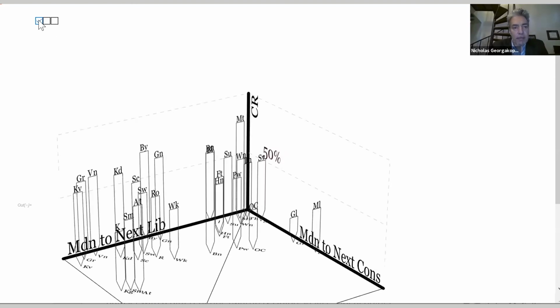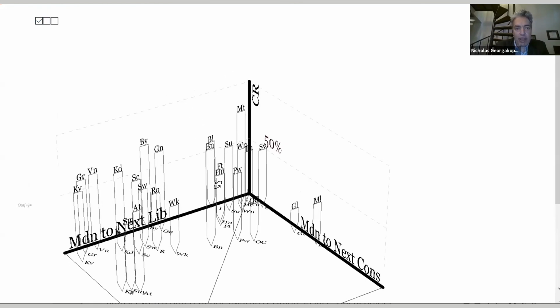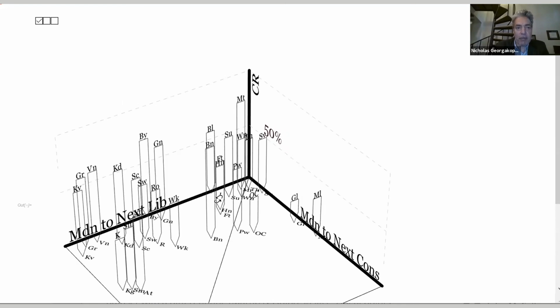And you see that most of them are to the left of the diagonal, and most of them, the distance to the next liberal is greater than the distance to the next conservative, which explains the conservative paradox.